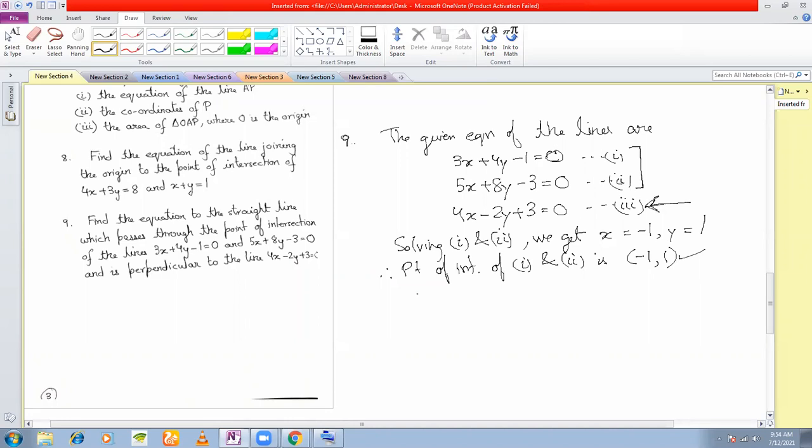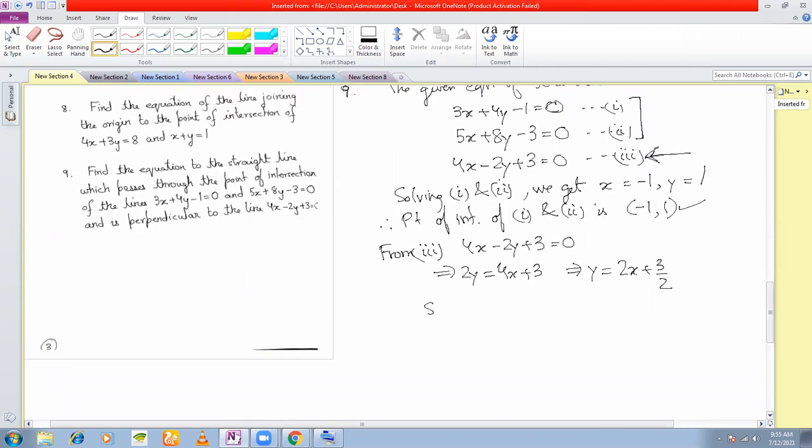If it is perpendicular to 3, what should be the slope of the line? It should be the negative reciprocal of the slope of 3. So let's first find the slope of 3. How do you find the slope? We write it in the y = mx + c form. We have 2y = 4x + 3, that means y = 2x + 3/2.